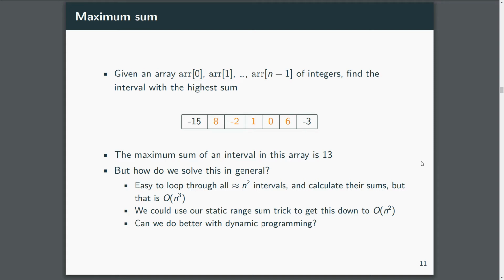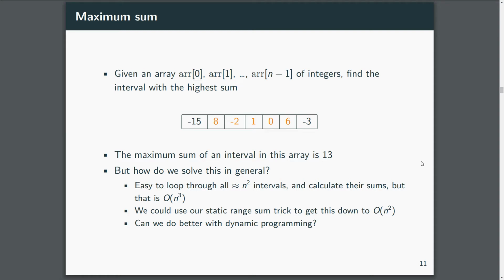That would be a cubic algorithm, so it's not very efficient. We could use the prefix sum, static range sum trick, to calculate each sum in O of 1, and then it's just a quadratic algorithm. But can we do better with dynamic programming?